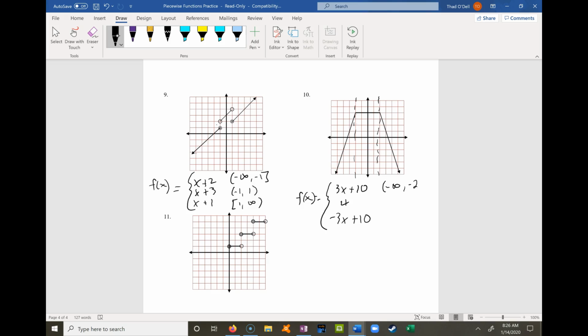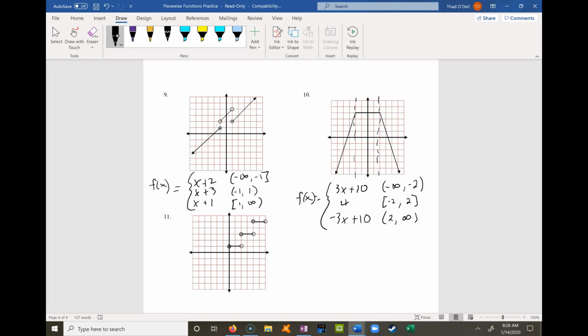So I'm going to just call this soft, and then I'll say this is from negative 2 to 2, and give them both hard brackets on either end. Then this will be soft, and it'll be 2 to infinity. Now again, you could have called this one here a hard bracket and that one soft. It doesn't really matter because again, these guys begin and end at the same place.